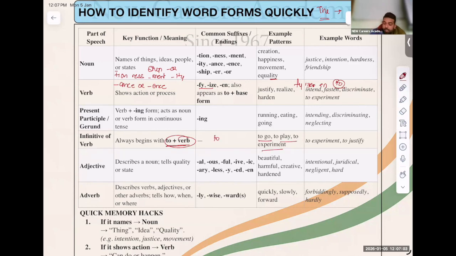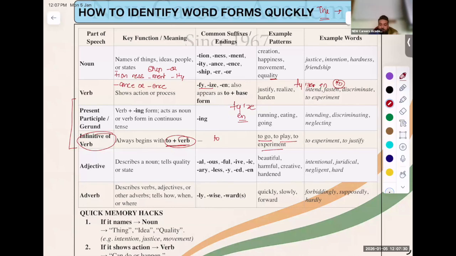That is basically the infinitive form of verb. So there are 2 verb endings that I'm connecting, FY, IZE, and EN. Can you remember this?